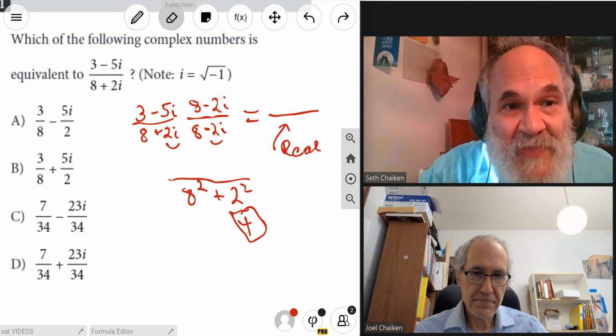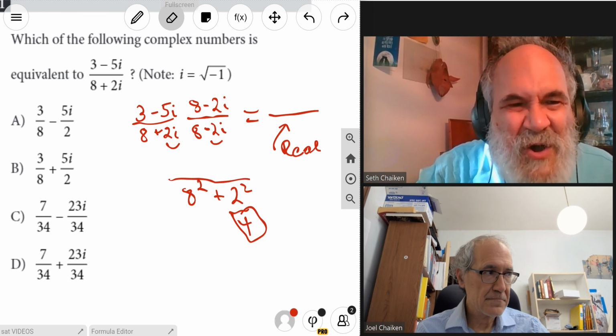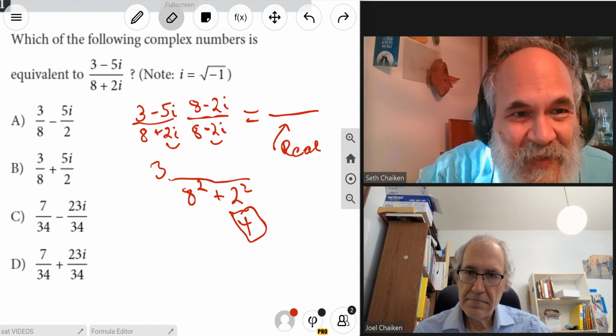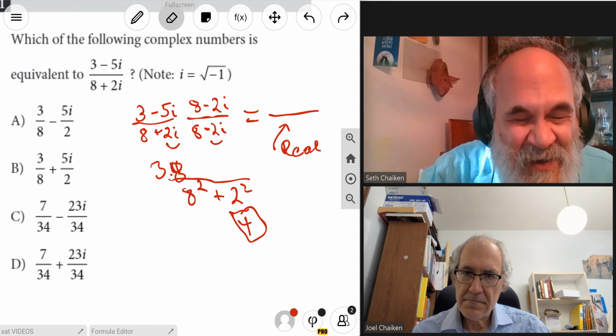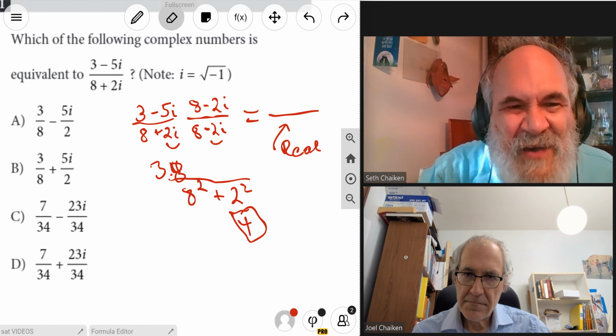And now, to get the numerator, we use FOIL. 3 times 8, and minus 5i times minus 2i. Well, minus 5 times minus 2 is plus 10, and i times i is negative 1.